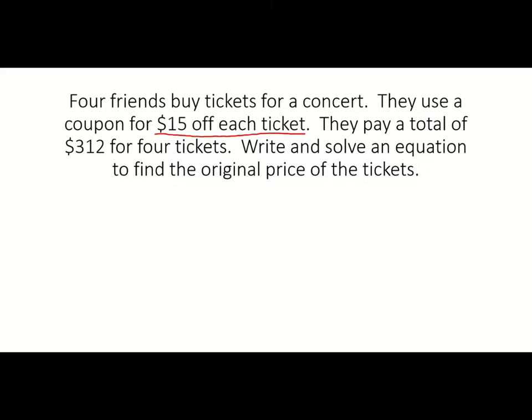I'm going to underline that because that tells me how much the discount was and that it was for each ticket, not the total, but each ticket. It also tells me they pay a total of $312 and that it was 4 tickets that they bought. So right now, this is my key information. They have $15 off each ticket. The total was $312 and they bought 4 tickets.